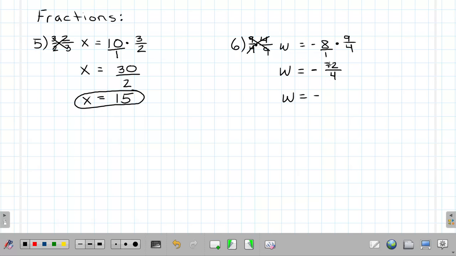So negative 72 divided by 4. You should be able to possibly do that in your head, but if not, that one's a little tougher. If you need to double check yourself using a calculator, you'll see that the answer is -18. So 72 divided by 4 is 18, so we have a -18.